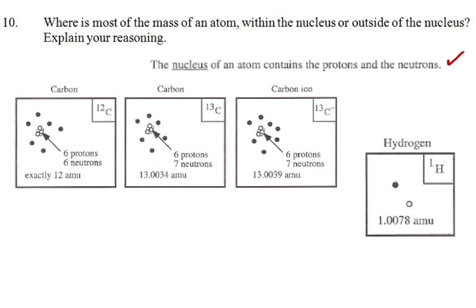Then, if we look at this carbon-13 and carbon-13 minus, the only difference here is one more electron. This has 7 electrons, this only has 6.